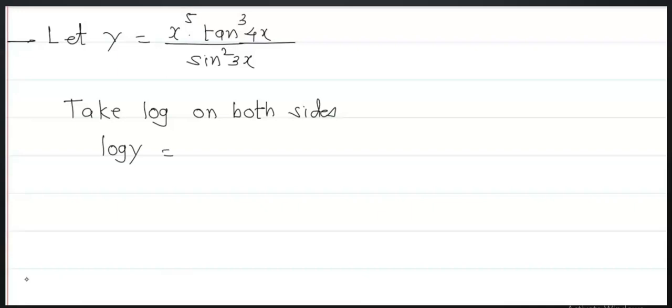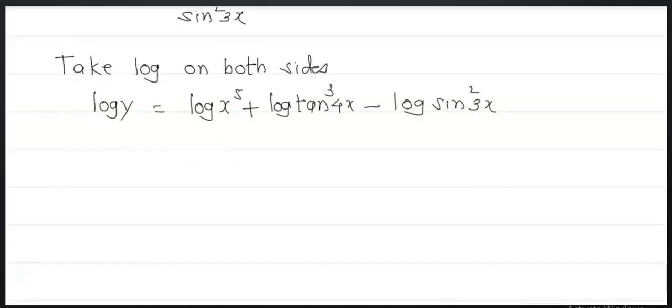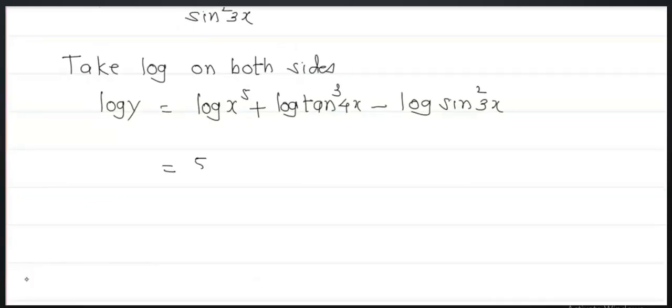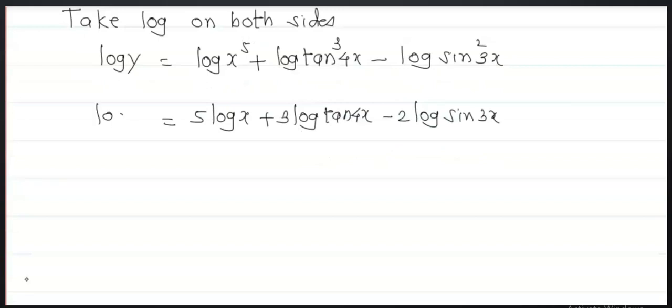Therefore, log of y is equal to log of x raised to 5 tan cube of 4x minus log of sin square 3x, that is 5 log x plus 3 log of tan of 4x minus 2 log of sin of 3x. Now differentiate this with respect to x.